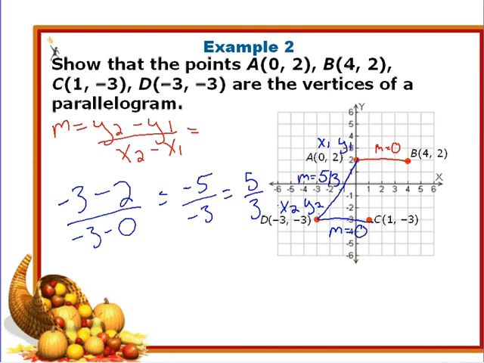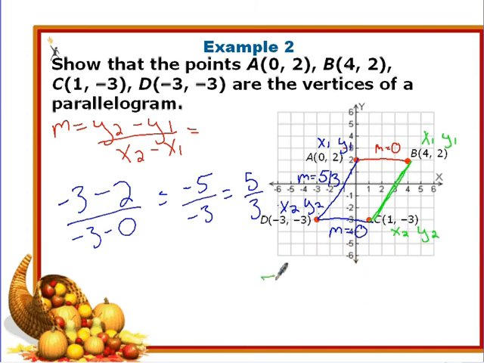And then let's do the slope of this line and see if it's parallel. So this can be x1, y1, x2, y2. Fill in our little formula.